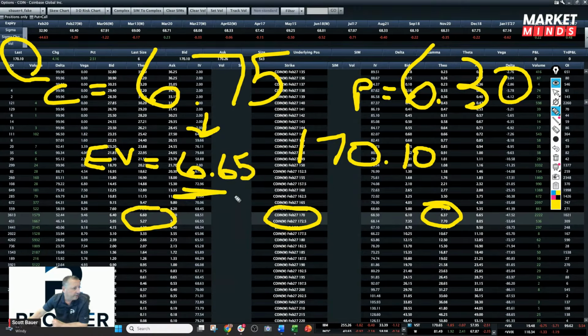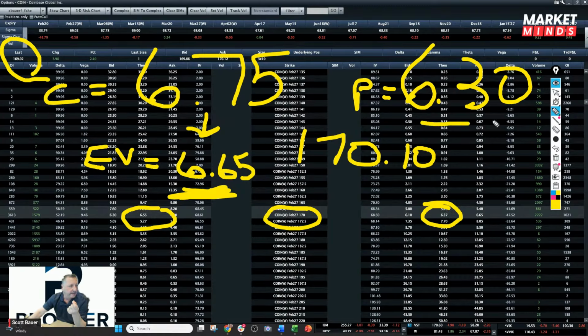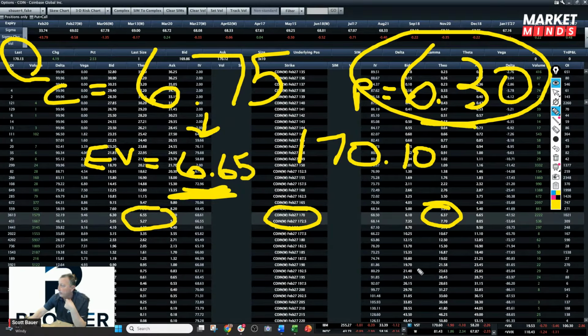All right, does everybody understand about the 6.65 extrinsic value? Now, since the 170 put is out of the money, all of that is extrinsic value.